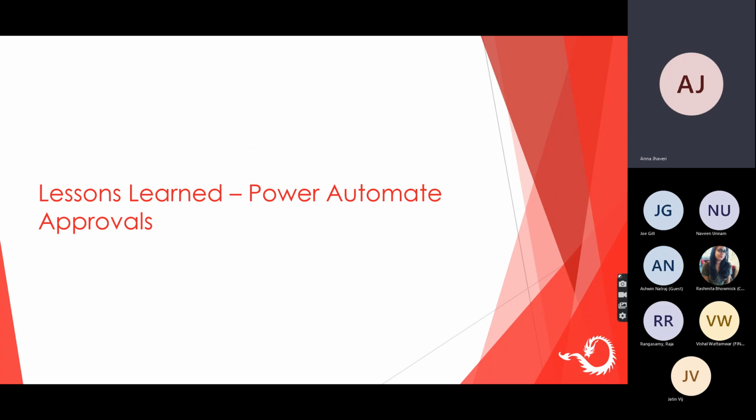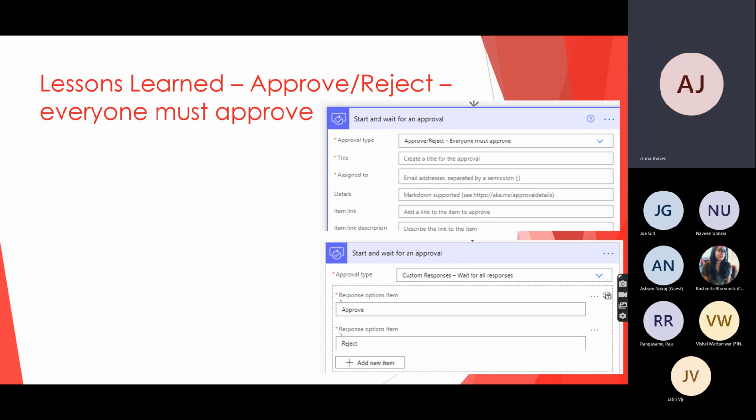All right, so some of the lessons learned in my projects where I implemented Power Automate approval. I'll just quickly share those with you. One is in the approve/reject, everyone must approve scenario. If the approval is assigned, let's say, to 5 approvers, and any one user rejects that approval, the approval will get completed.